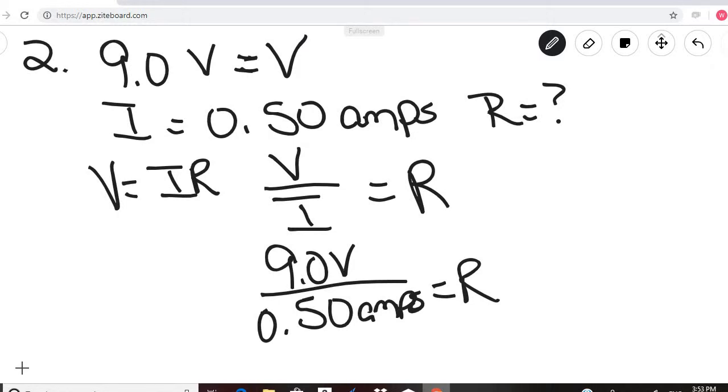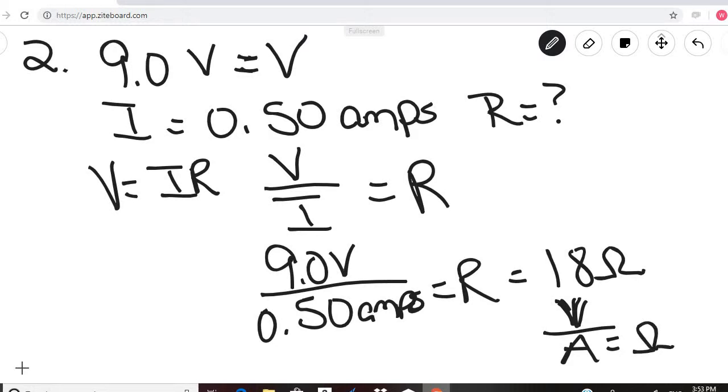And so this will come out to be equal to 18 ohms. A volt over an amp, so you'll get a volt over an amp, and that is equal to an ohm. So it's 18 ohms.